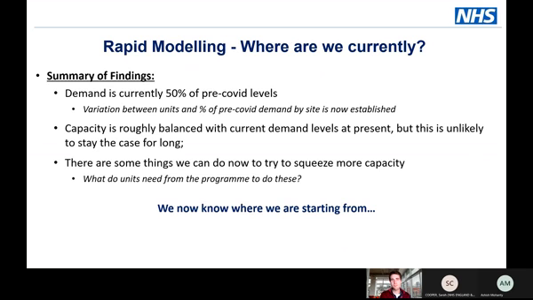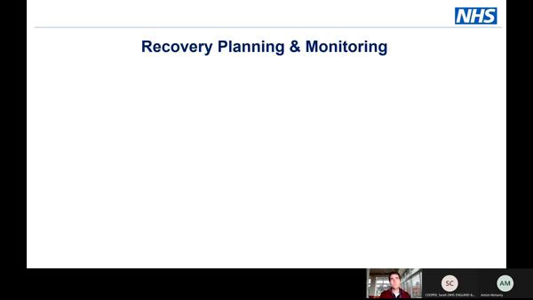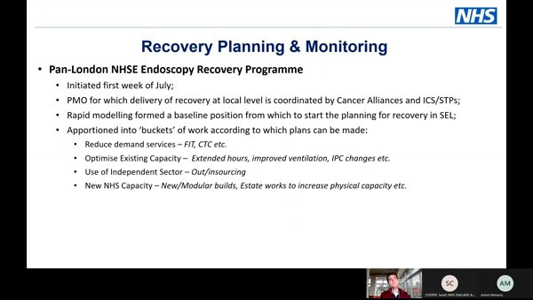So we've established our baseline, and what we want to move on to now is how that helped us form a plan within the more formal recovery program that we started with. So that more formal program looked like this. It was initiated the first week of July, and any colleagues in London will be very familiar with that week.